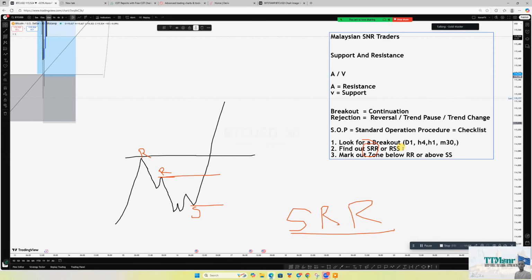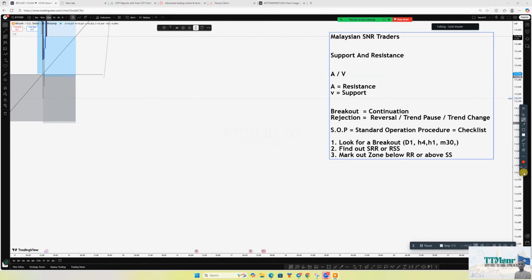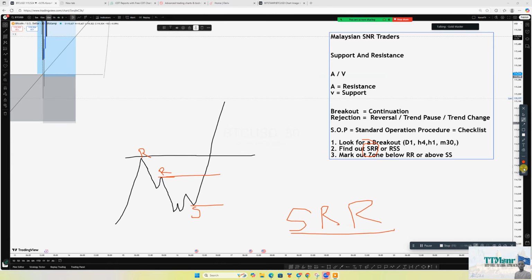So for example here, for a long setup, we're looking for our zone below RR. Sorry, because we want a zone below the RR. You have to understand it. We want our zone below RR, which means our zone will be here.